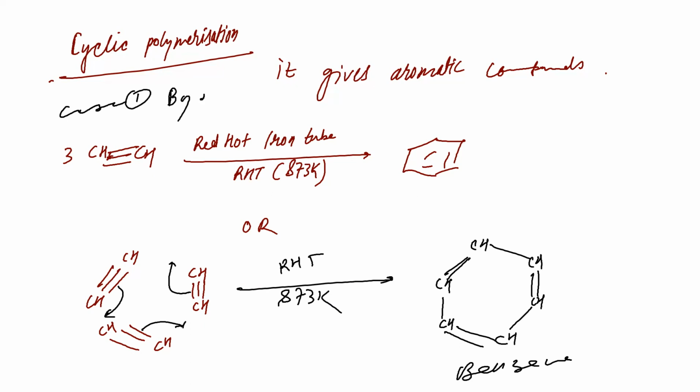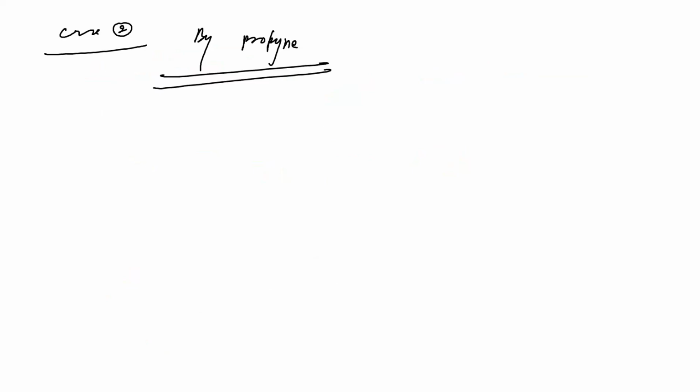You are taking the ethyne. Right. Now the next case, student, case two. We are talking about case two, by propyne. You are taking the cyclic polymerization of propyne. So propyne means what?